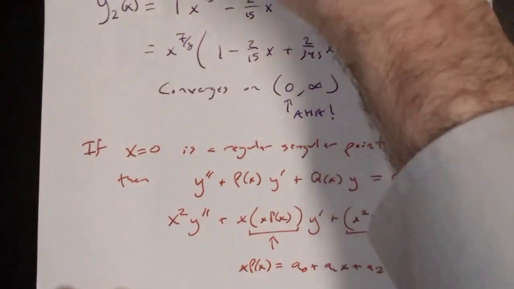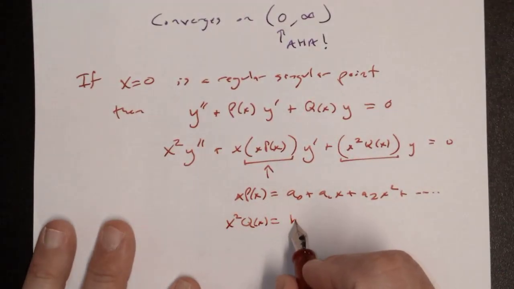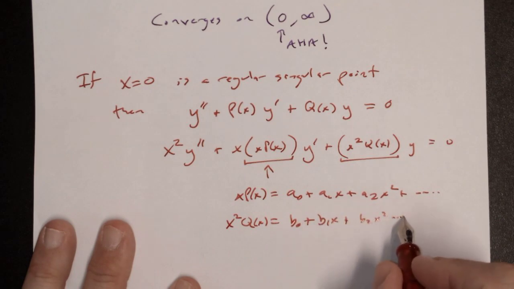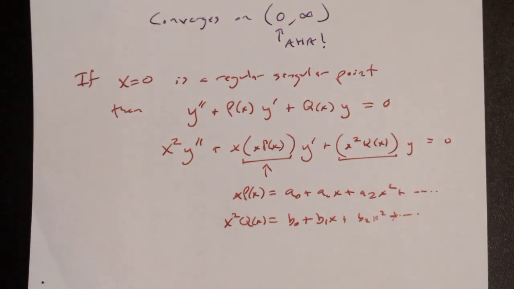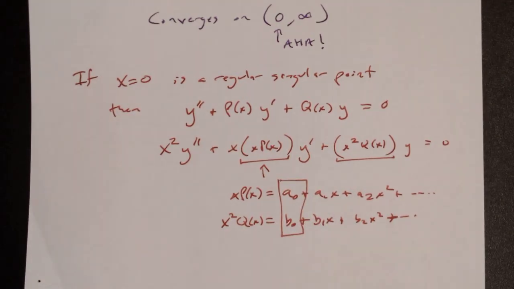And that x squared q(x) is a power series. That's what being analytic means. I have a power series for both of these. Guess what? Our index equation needs those two numbers.